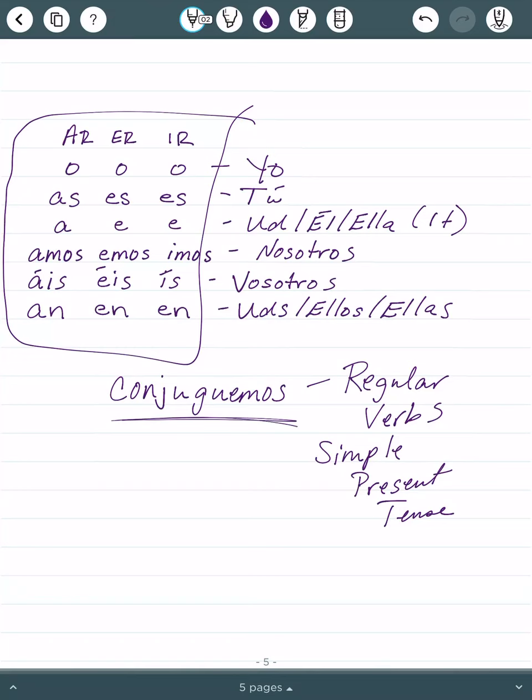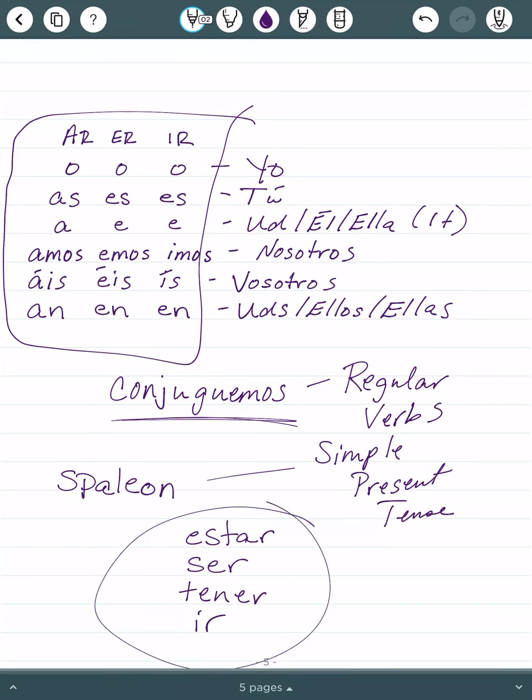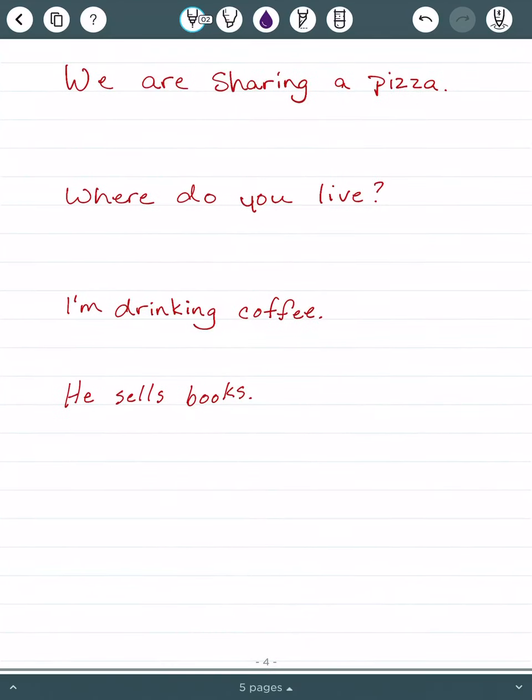There's a Frogger game that I really like, so check that out. There is also spellion.com, and it's the same thing. Make sure you're doing regular verbs in the simple present tense. And with those, you can still continue practicing estar, ser, tener, and ir, because those may be the 4 most commonly used verbs, and they also are irregular. So that's irritating, but you've got to keep them memorized.